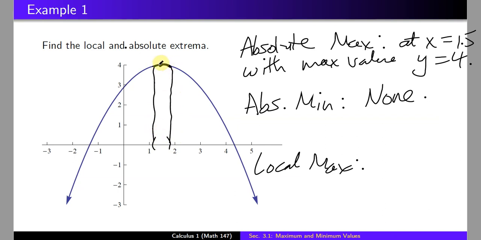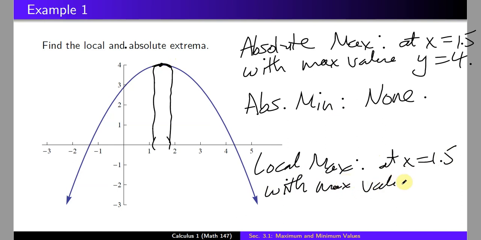So of these y values, the one at 4 is still the largest. So you can still say it's at x equals 1.5 with max value y equals 4. Okay, so that's the difference between absolute maximums and local maximums.